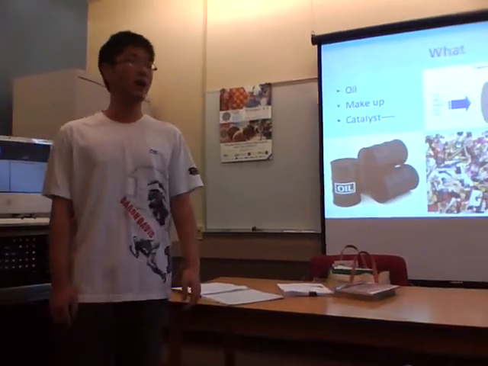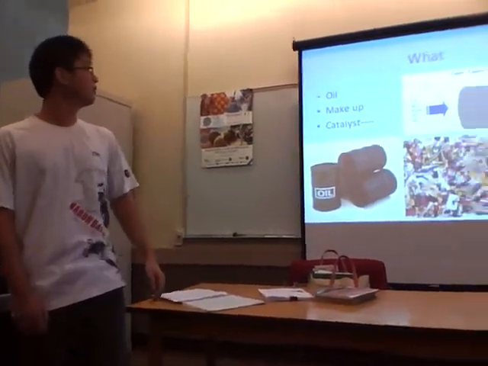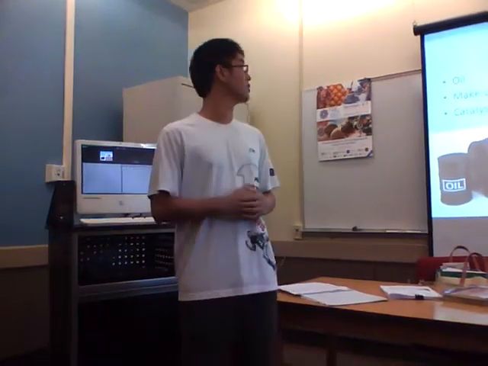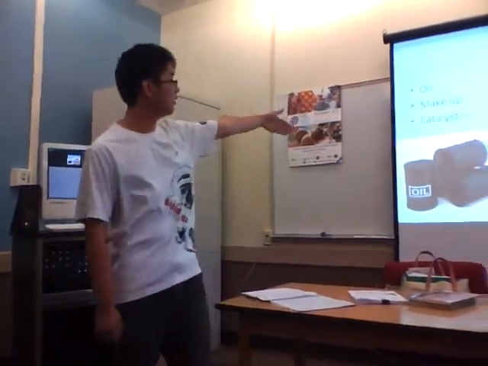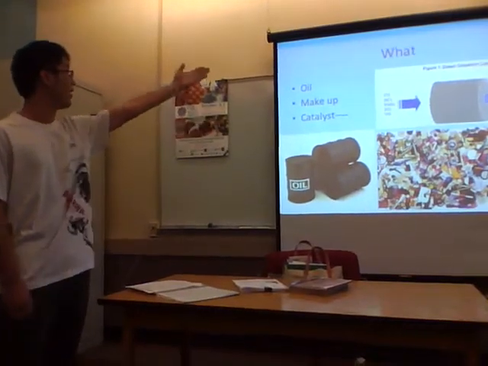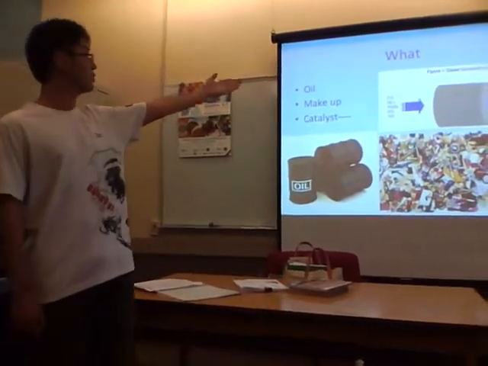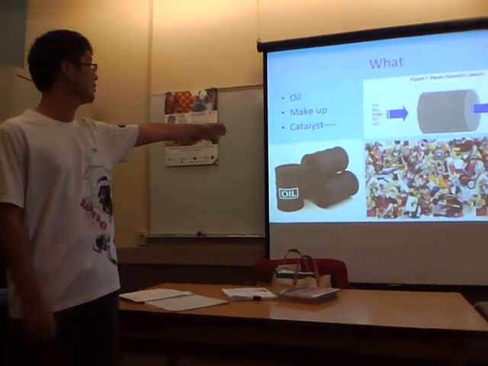The first thing I'll talk about is what is chemical engineering? What does it produce? So what things we use in our normal life come from chemical engineering. There are 3 examples: oil, makeup, and catalyst. Maybe you didn't understand the meaning of catalyst.